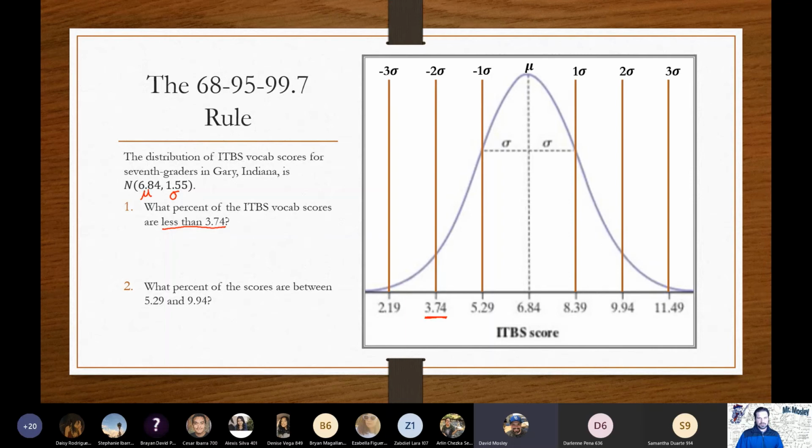So I'm looking at this area here. What is this proportion of my data?